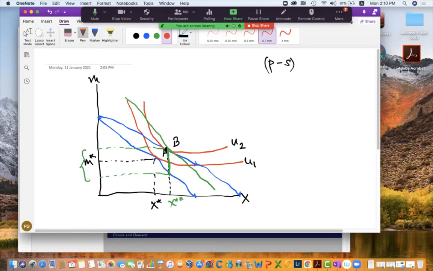Okay, and so now the household will re-optimize. The new point of tangency with an indifference curve is not at B, but at a point like C, and that point will necessarily involve a lower quantity of X, or food, than under the subsidy program. Let's call it X triple star.